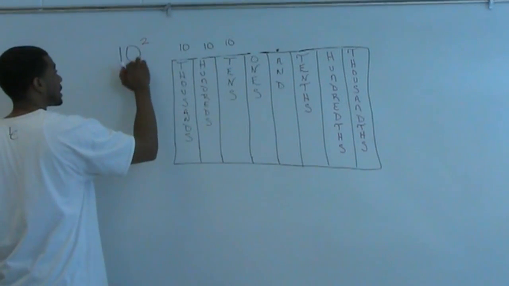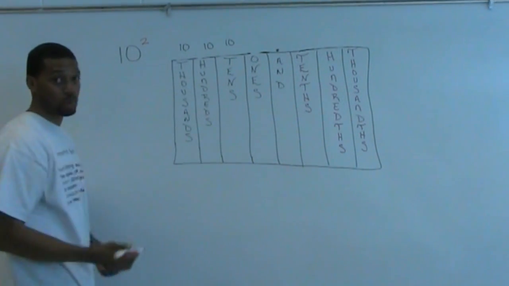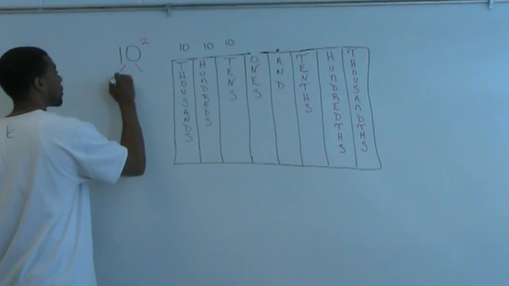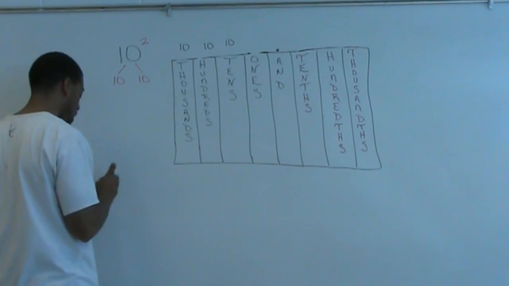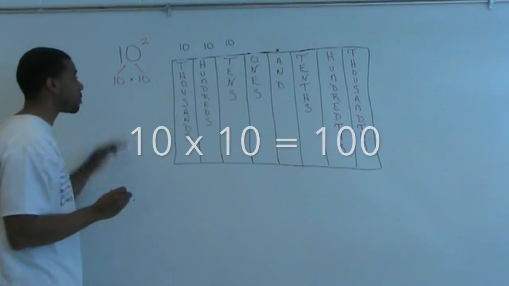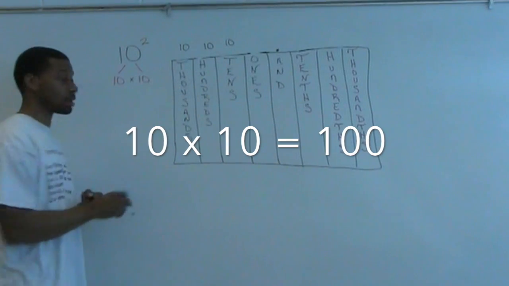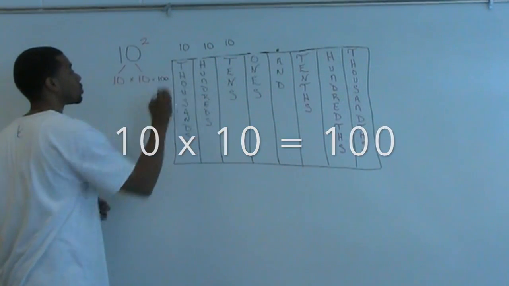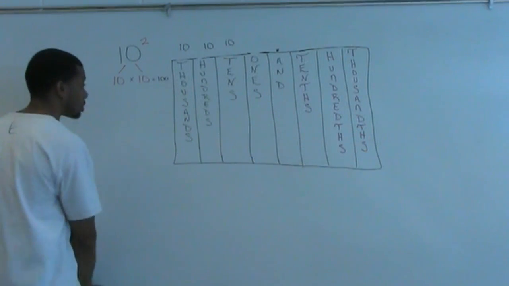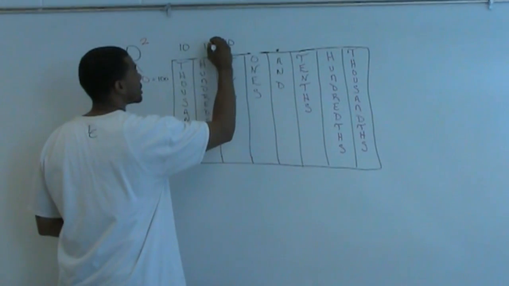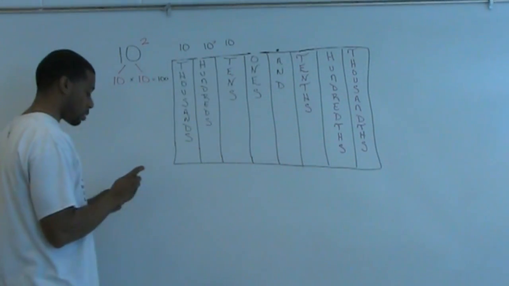So I have 10 to the second power, or 10 squared, which means I repeat my 10 2 times, and I'm going to multiply it by itself. 10 times 10 equals 100. So that means over the hundreds place value, I'll put 10 to the second power.